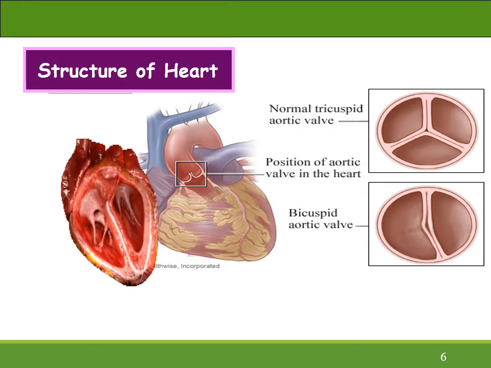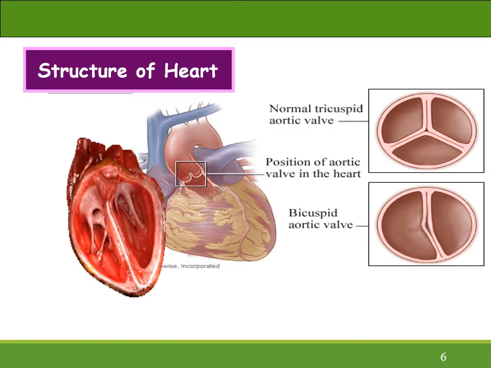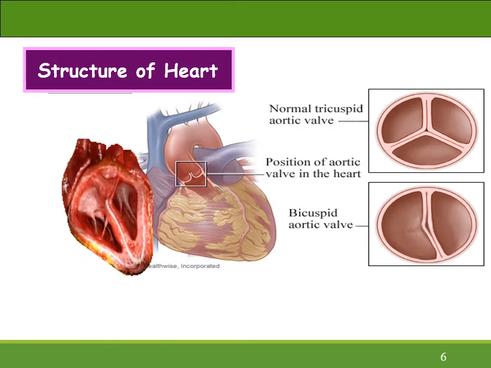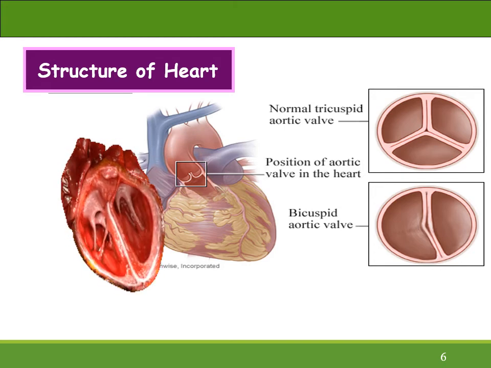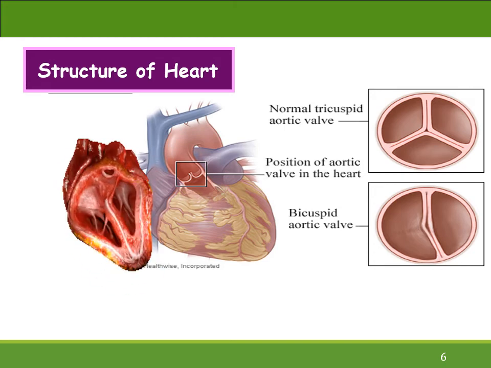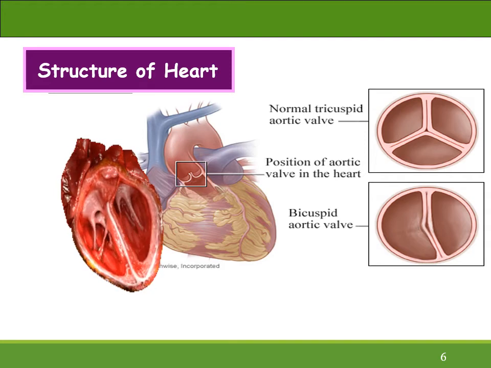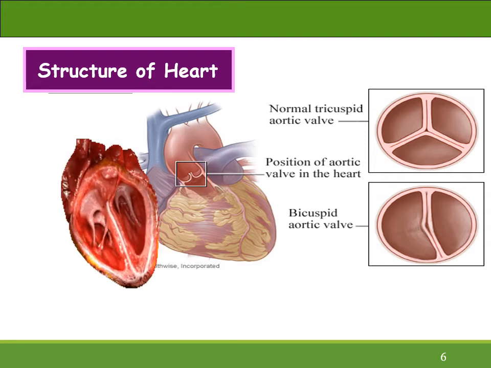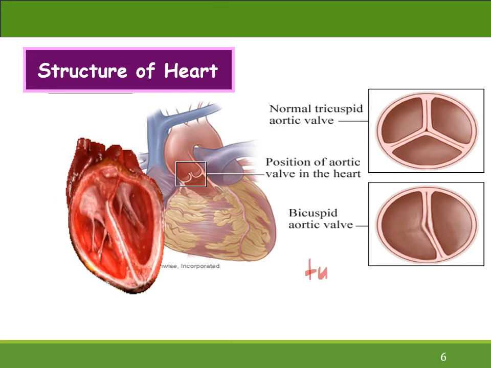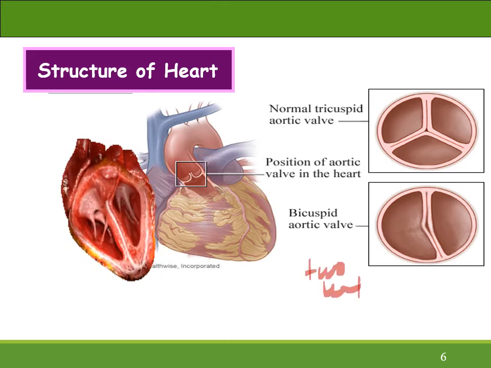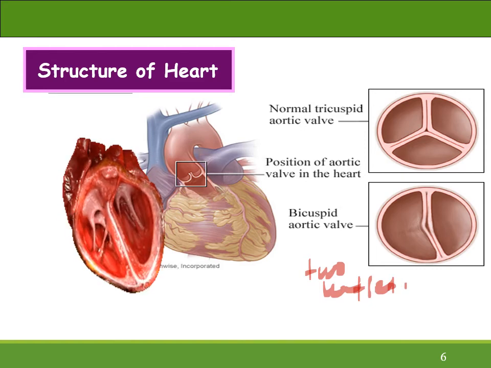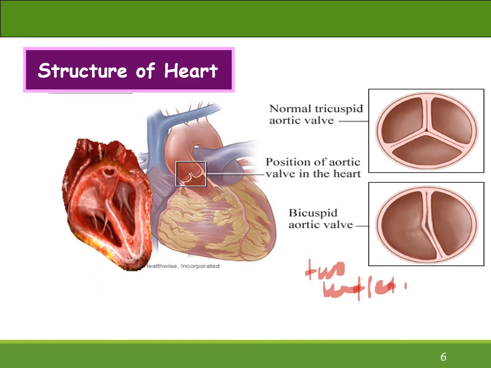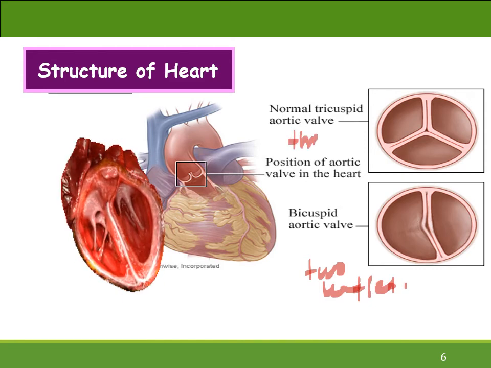This structure shows you the tricuspid valve and bicuspid valve. The difference between the tricuspid and the bicuspid valve is that the bicuspid contains 2 leaflets, while the tricuspid contains 3 leaflets.